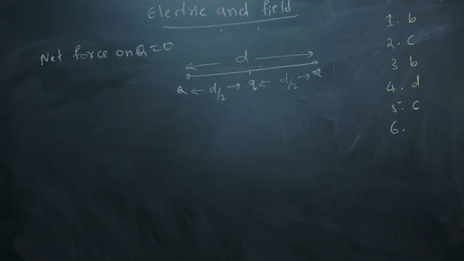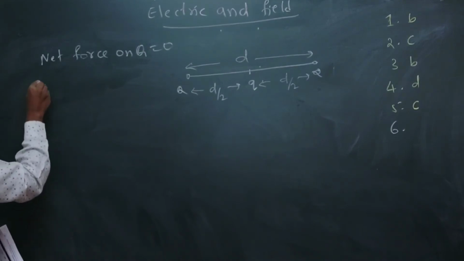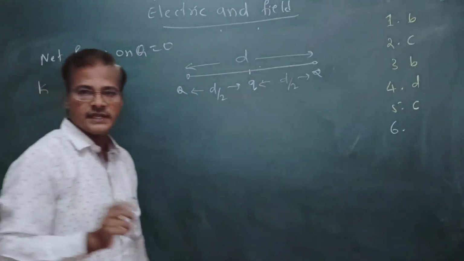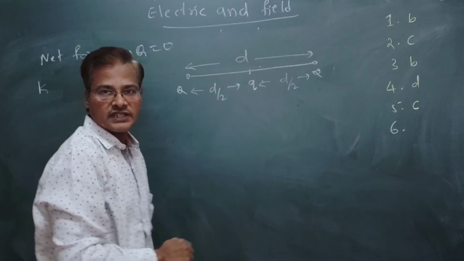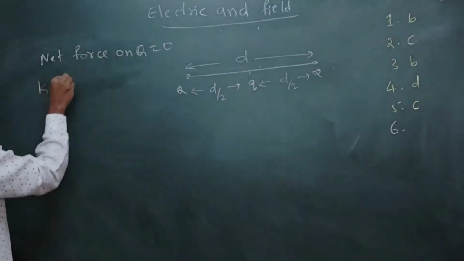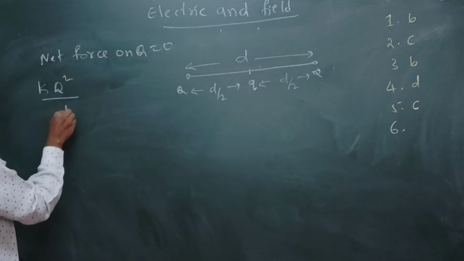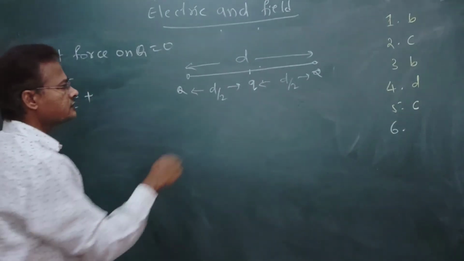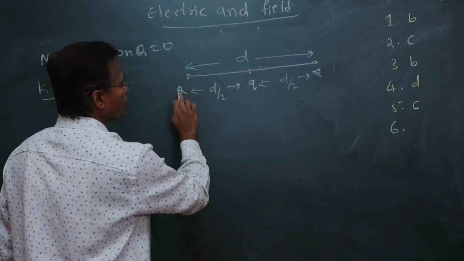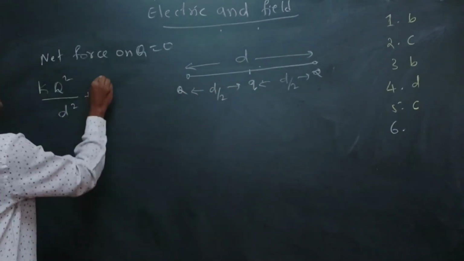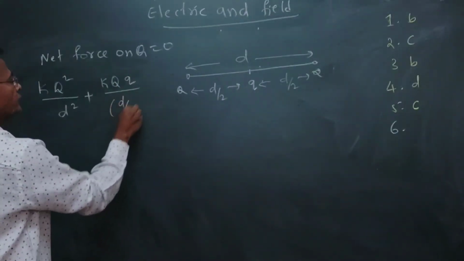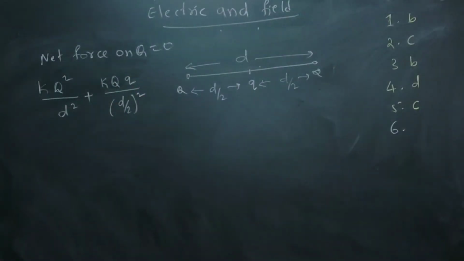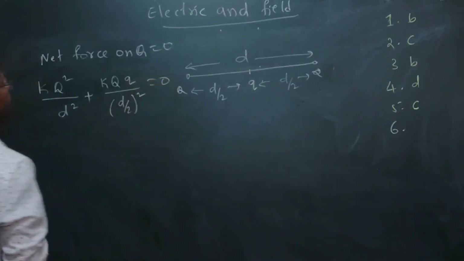So we can write the net force as K Q square divided by d square, plus K Q small q divided by (d by 2) whole square, equal to 0.